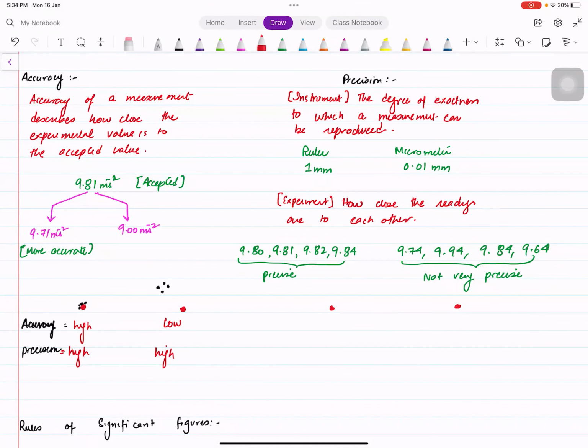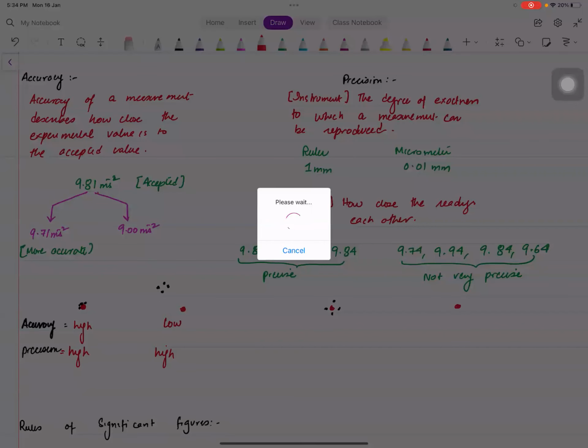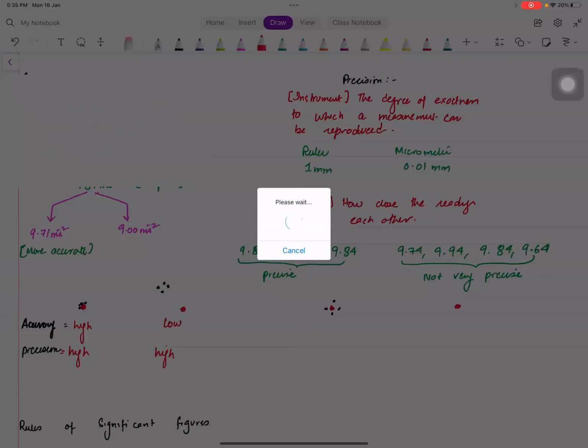In a case where it does land close, but the values are a bit away from each other, in this case, we could say that the accuracy is high, but the precision is quite low. Wait a second, please.